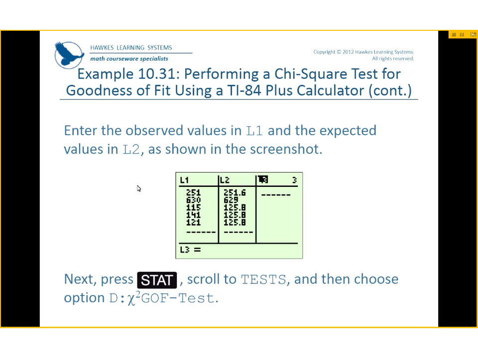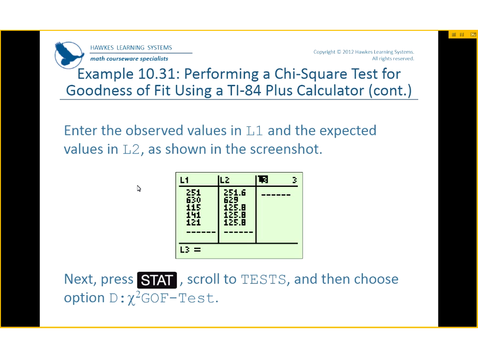That's what we saw in the table, what the guy tallied up from all the wing orders. L2 is your expected. We just did that in the last slide. So it's going to be 251.6, 629, 125.8, 125.8, and 125.8.